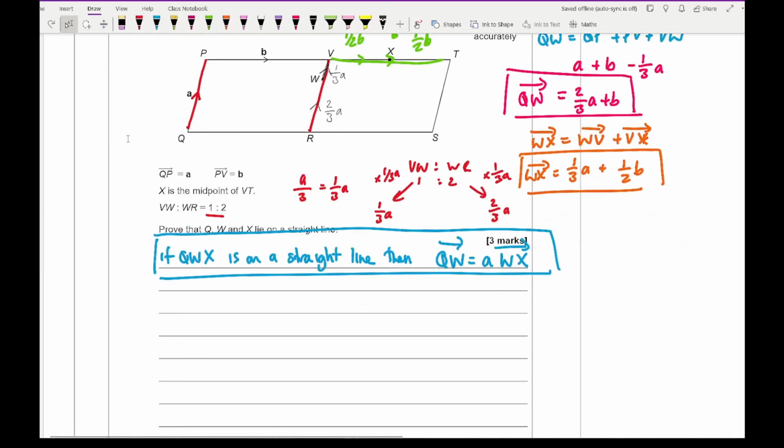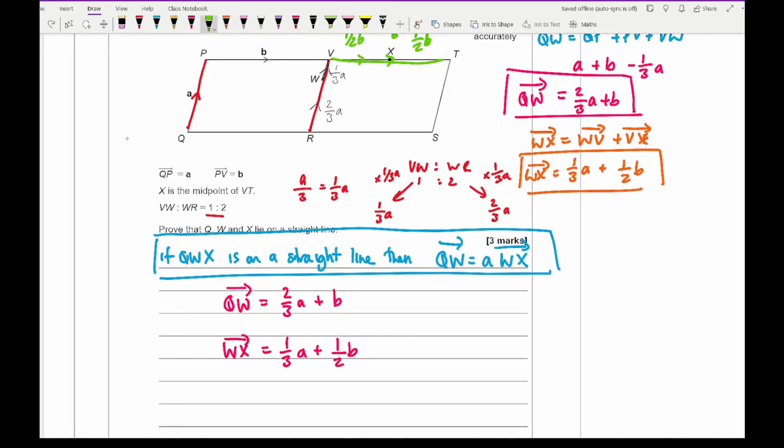Now if I write this a little bit neater, Q to W is 2/3 of A plus B, and W to X is a third A plus a half B.